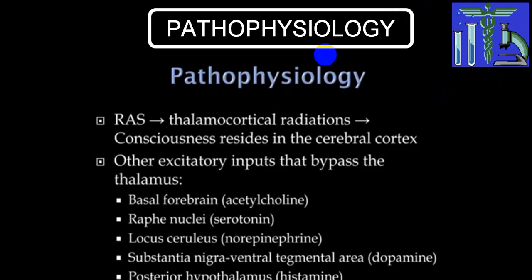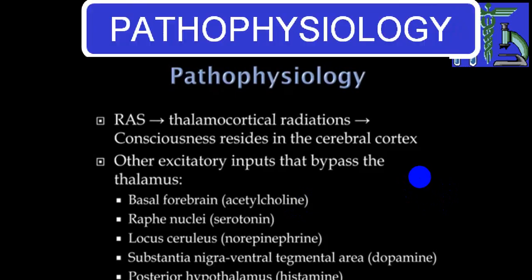By and large, the excitatory input, which bypasses the thalamus, can be involved, and that has different neurotransmitter substances like acetylcholine, serotonin, norepinephrine, dopamine, histamine, etc. Because of this involvement, the activation of the brain that is normally required is not there, and that will produce altered mental status.